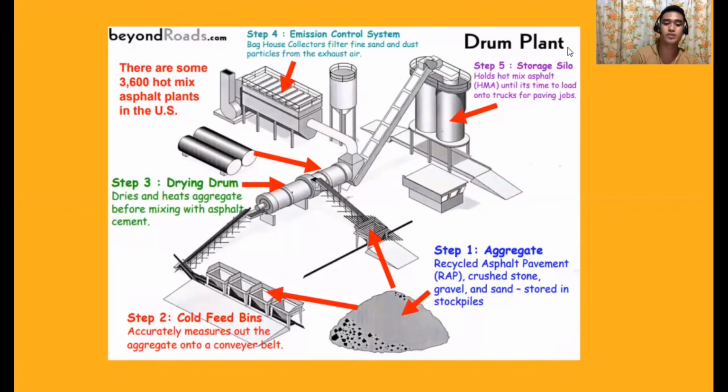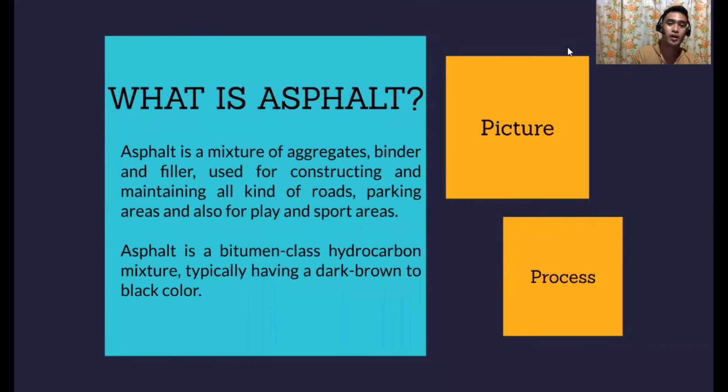Then the emission control system will filter all the fine sand and dust particles from the exhaust air, and then it will go to the storage silo where it holds hot mix asphalt until it's time to load onto trucks for paving jobs. So that is an overview of asphalt.